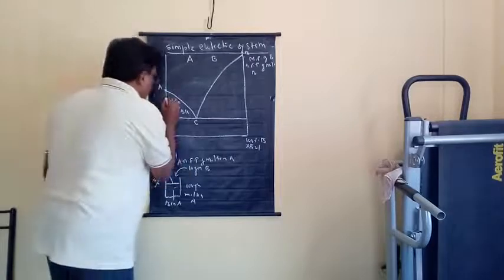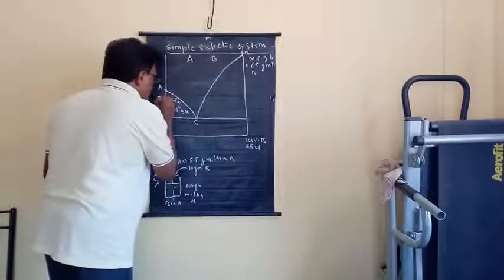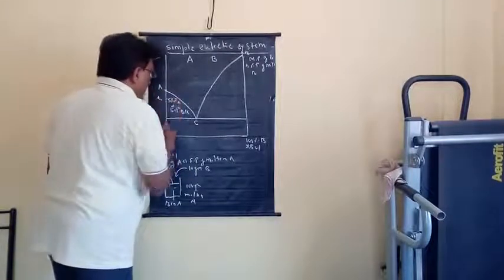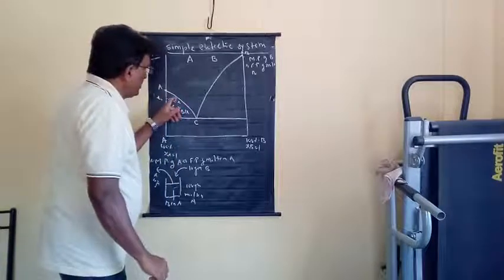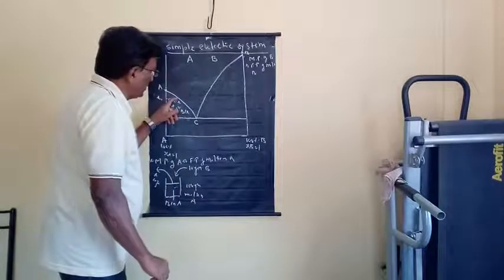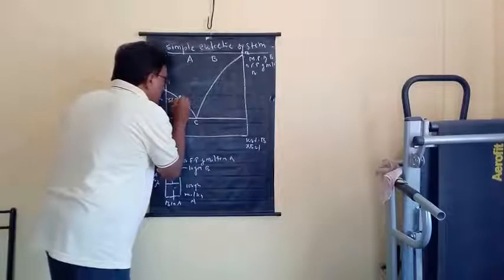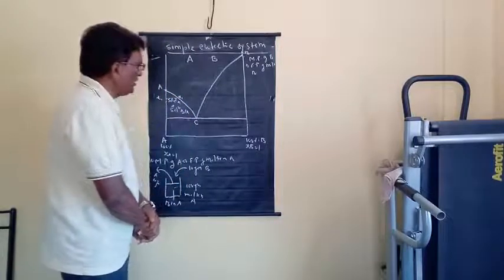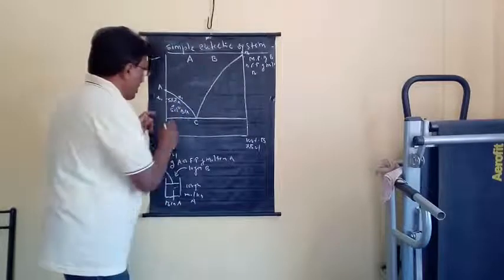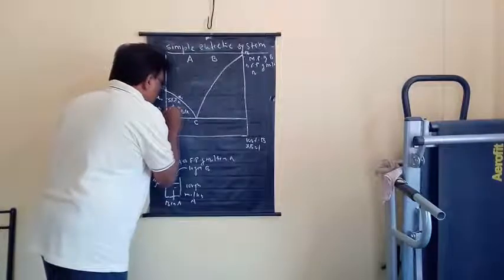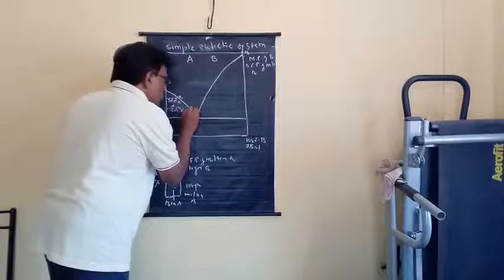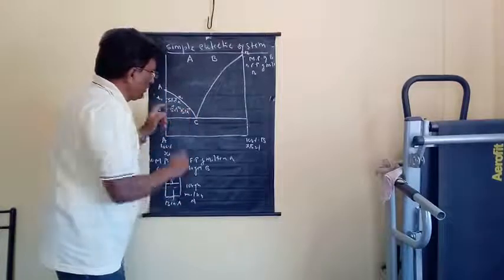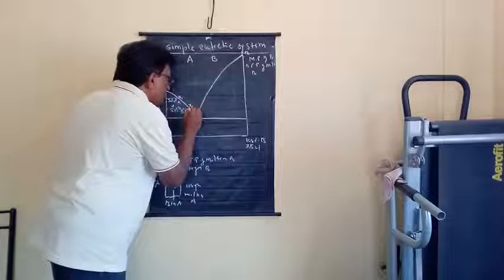Now at this particular temperature, suppose this is the temperature T1, then here solid A remains in equilibrium with solution of B in A of composition X1. At this particular temperature T2, solid A remains in equilibrium with this particular composition X2.